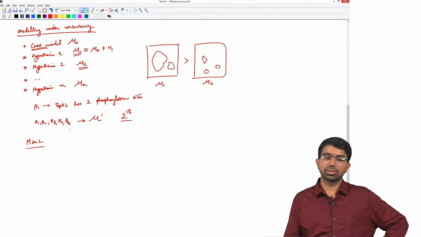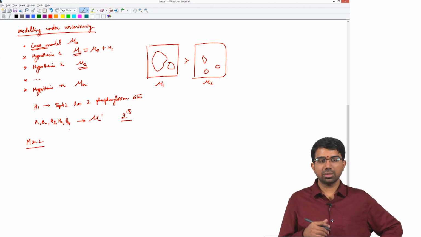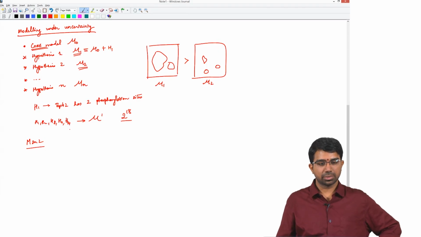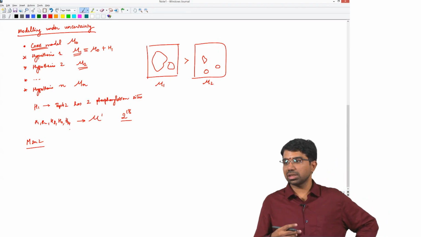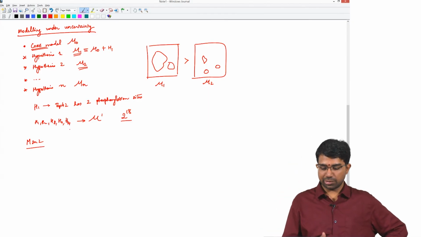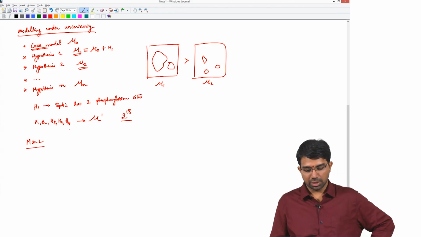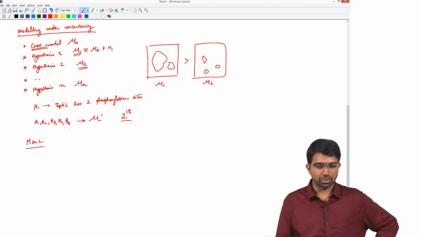So, I think this is something that one should look at. Ensemble modeling is quite important when you are trying to model systems under uncertainty. And this obviously involves a lot of parameter estimation, and I think we have done enough in dynamic modeling to incorporate these concepts and try to model some complex systems.